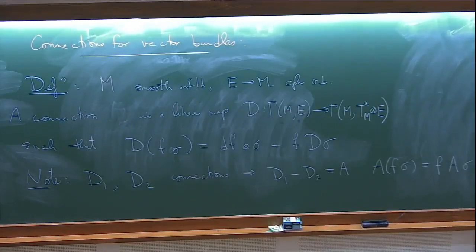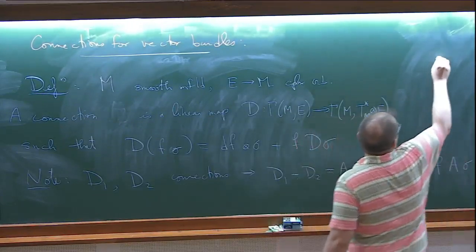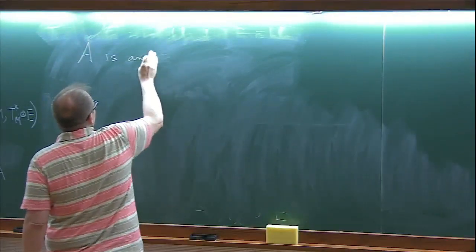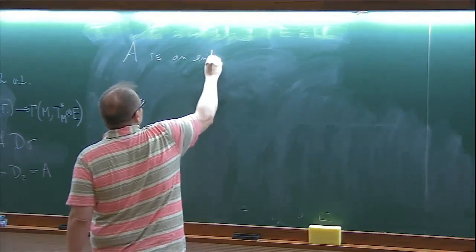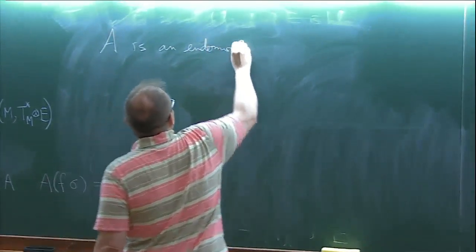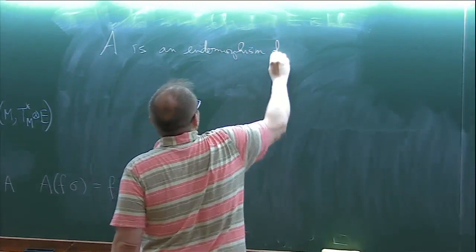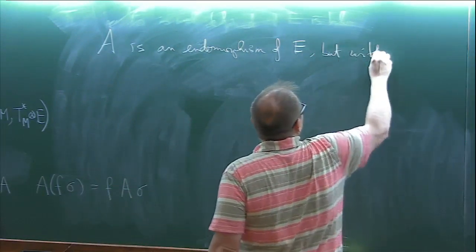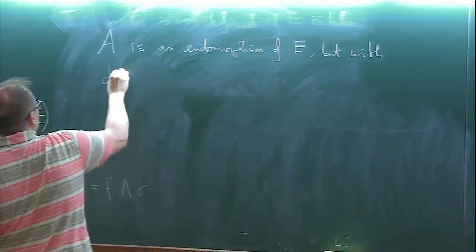In fact, conversely, this A here is an endomorphism of E but with differential form coefficients.